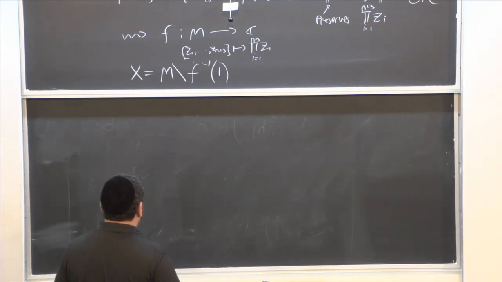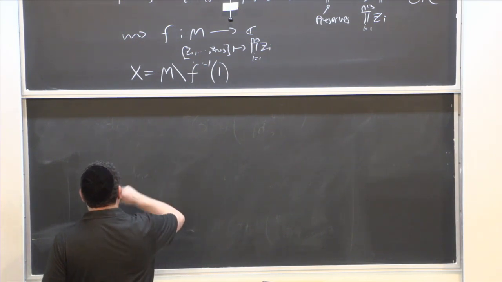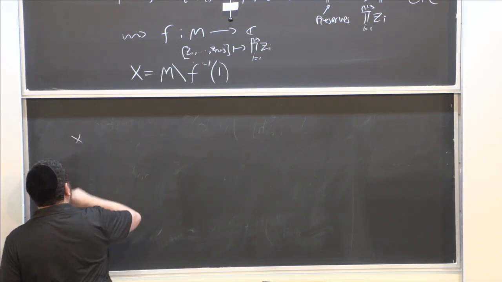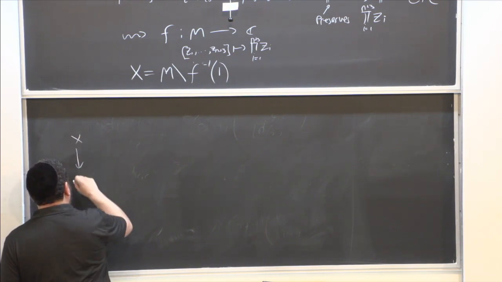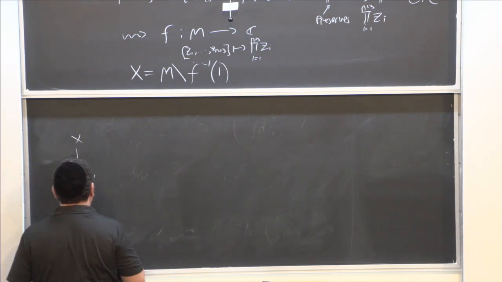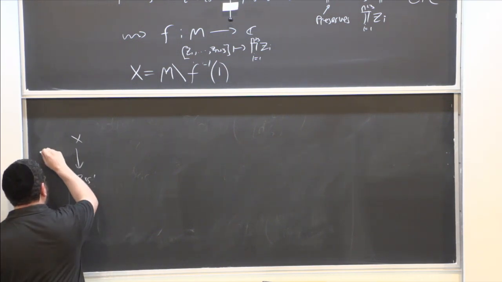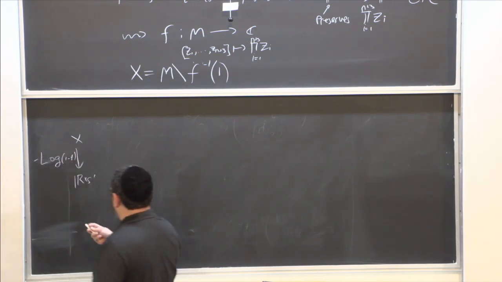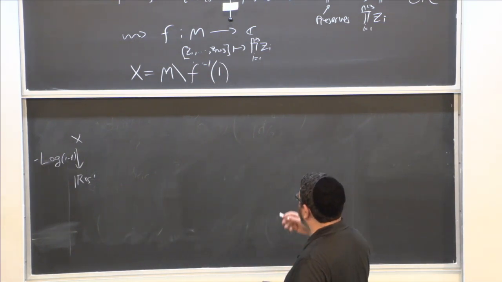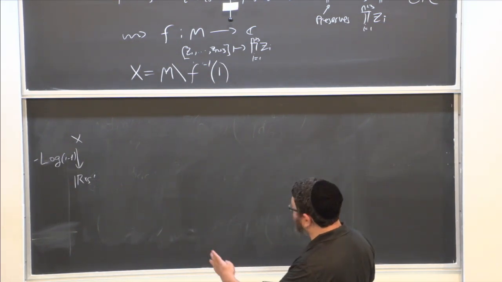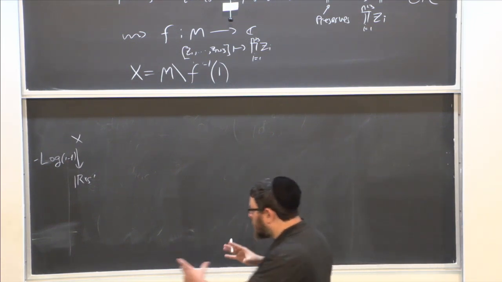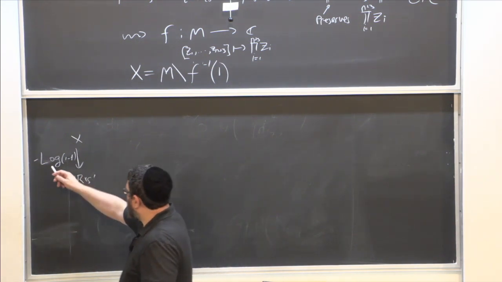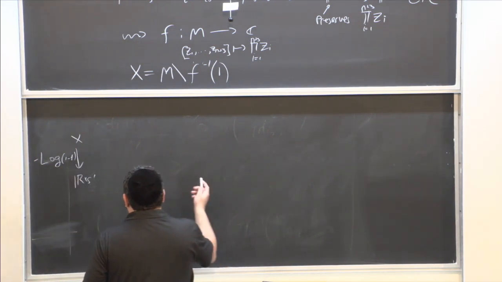The picture will be as follows. I'm going to consider a function from X to R times S^1. This function f, which we have here, is a function to C minus the origin, and I'm turning it into a function to the cylinder. Okay, and the picture is as follows.